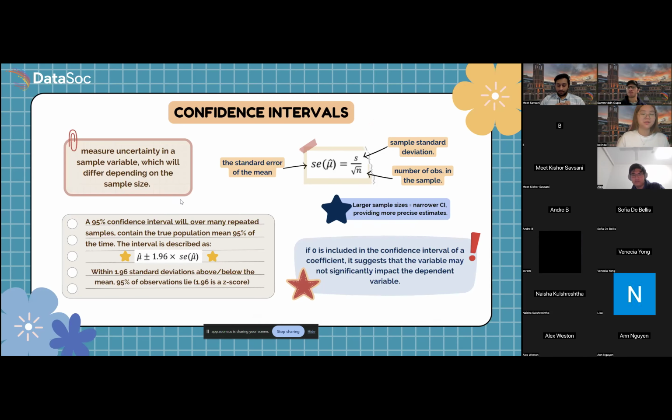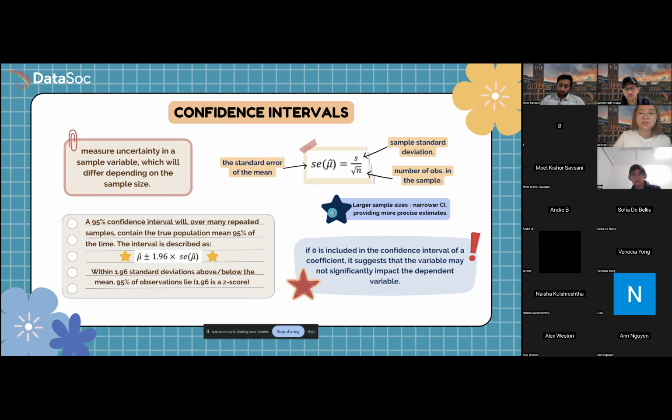Next, we have confidence intervals, which measure the uncertainty in a sample variable, which will differ depending on the sample size. It just means how sure we are that our answer is correct. This is the formula for the confidence interval, where the standard error of the mean equals S over the square root of n, where S is the sample standard deviation and n is the number of observations in the sample.